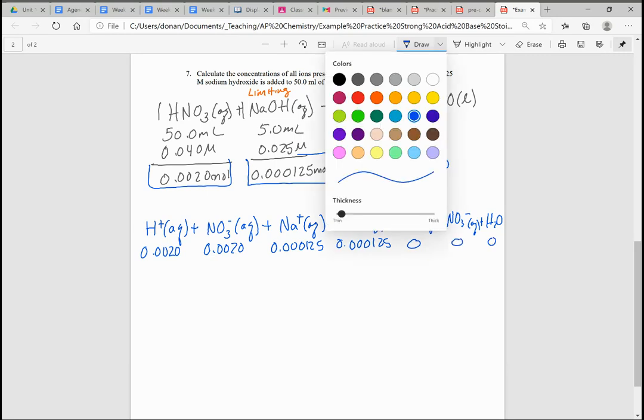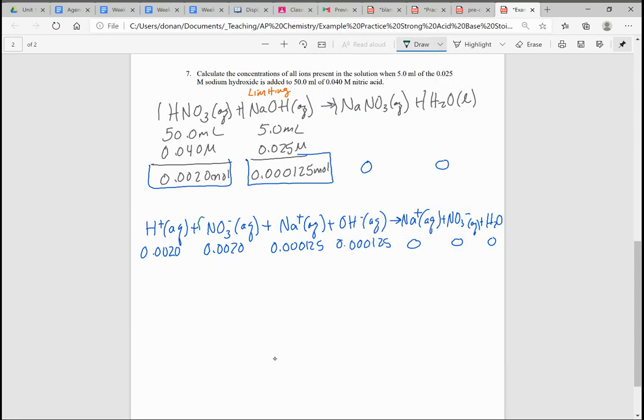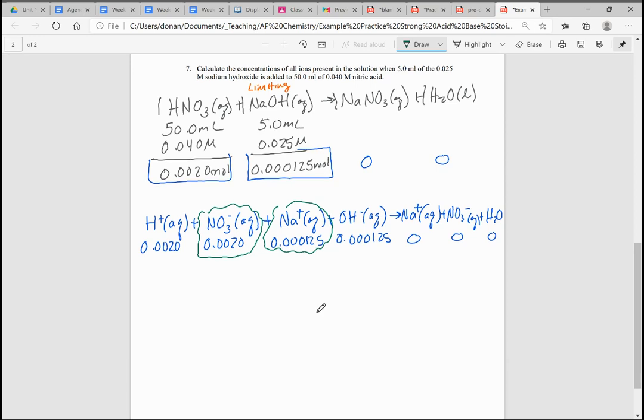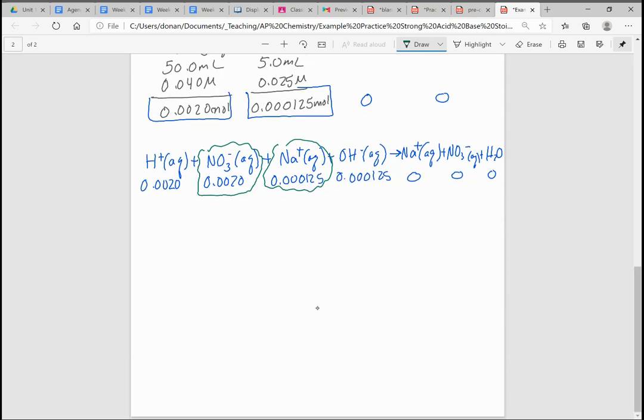Okay, spectator ions. Spectator ions do not change in a reaction, so the nitrates and the sodiums, nothing is going to happen to them. So at the end of the reaction, after the reaction, I'm going to draw a beaker. That's after the reaction. I'm going to draw it wide so that we can do some calculations in it.